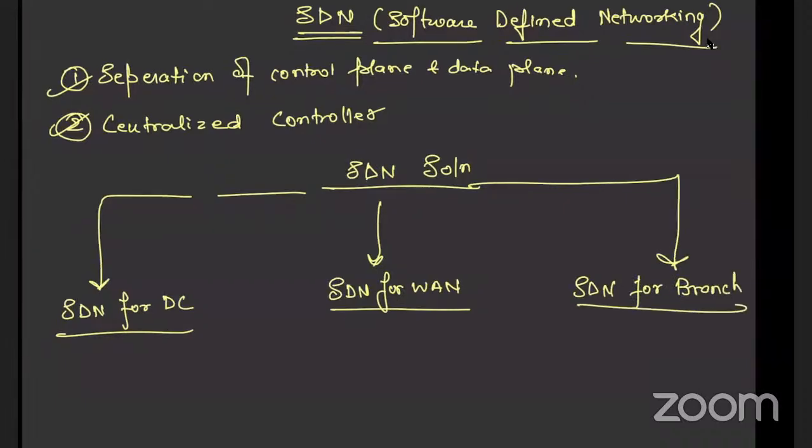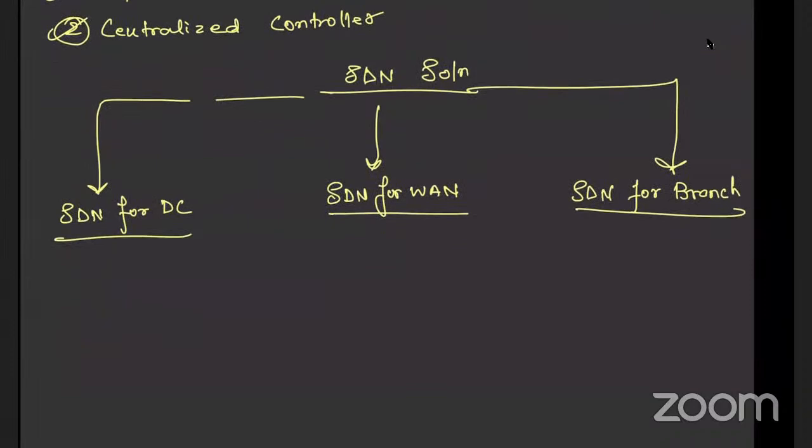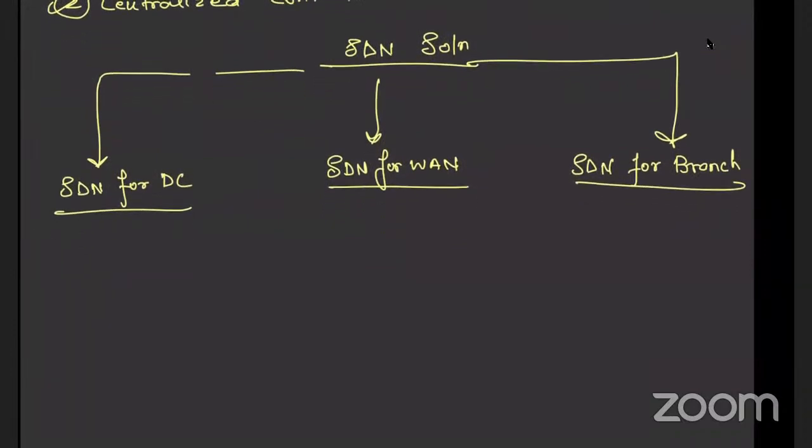Now as a part of this class, we're going to talk about the SDN solution for Cisco only. But all the companies have different SDN solutions for different areas, which are DC, WAN, and branch.